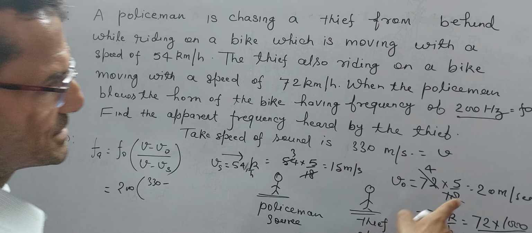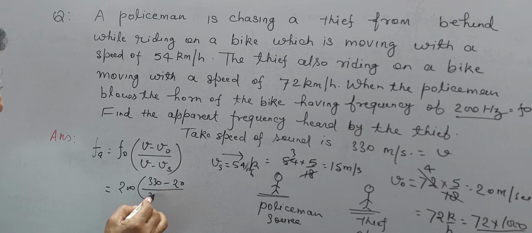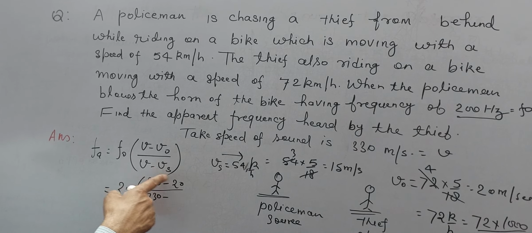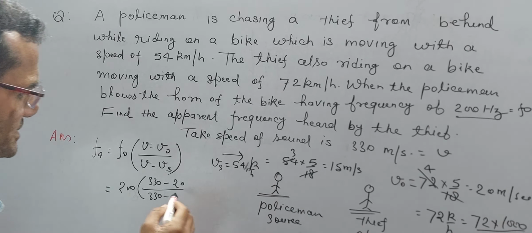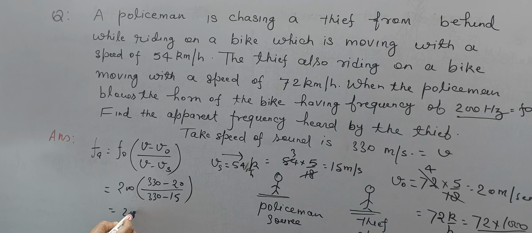Our observer velocity is 20 meter per second, divided by V, which is 330, minus the source velocity. Source velocity is 15 meter per second, and this is the value. Now just the simplification: 200 times 330 minus 20, which is 310, divided by 330 minus 15, which comes out 315.